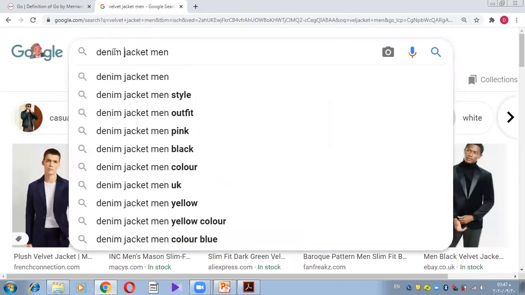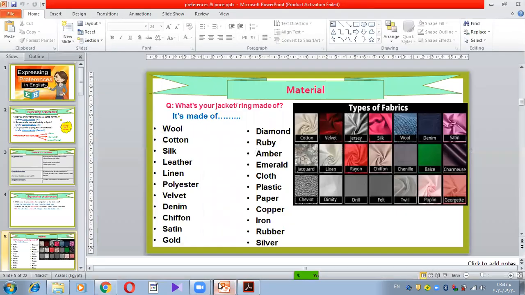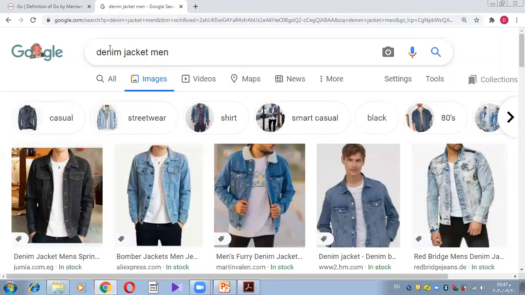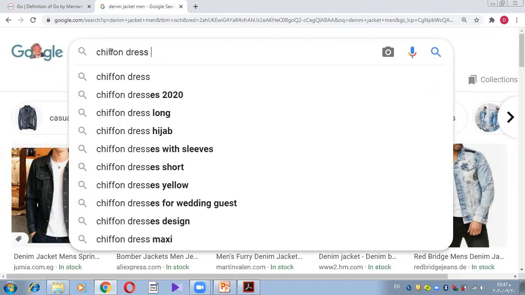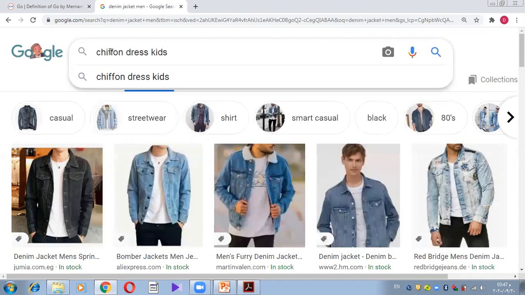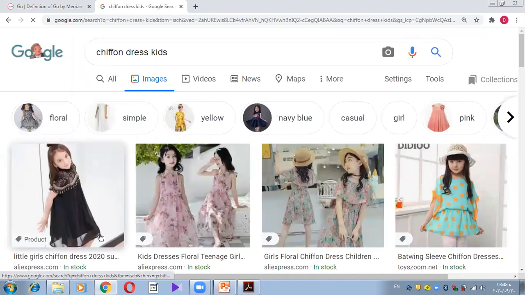That's denim. The next word that we have, chiffon. Chiffon is just, let's say for kids, chiffon, just like this.